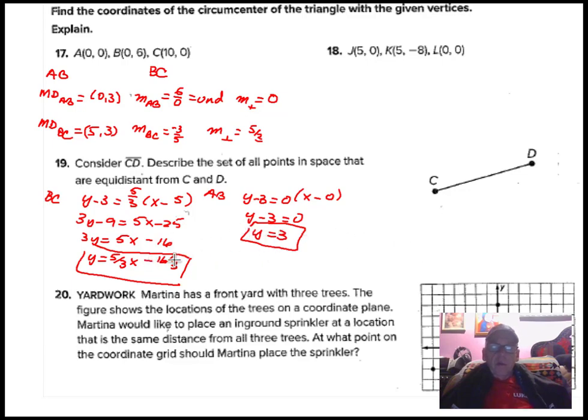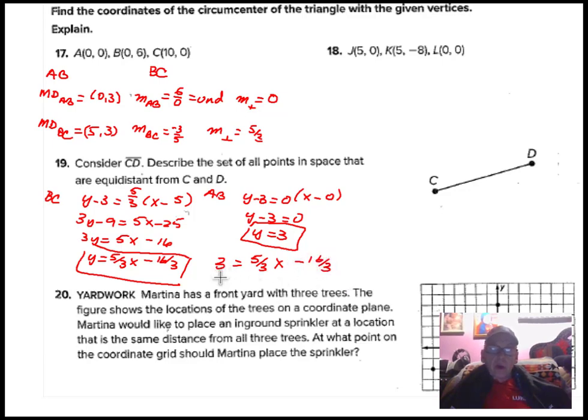Now the place where these intersect each other is going to be the point of concurrency, or the point that's equidistant. So I need to stick 3 in for y. So we end up with 3 equals 5/3 x minus 16/3.